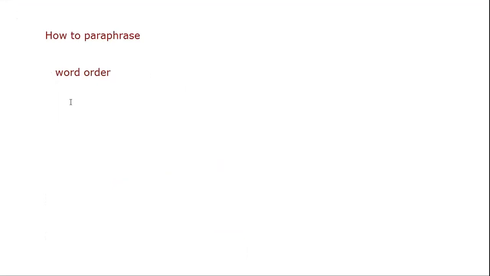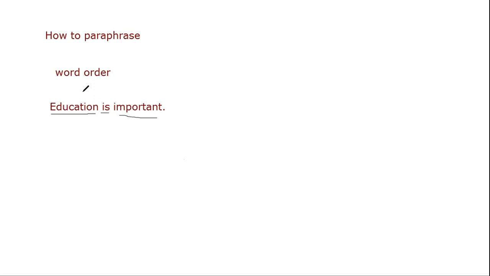For example, education is important. A very simple sentence. The order here is education first, then the verb, and then the adjective. You can change the order if you add another phrase.